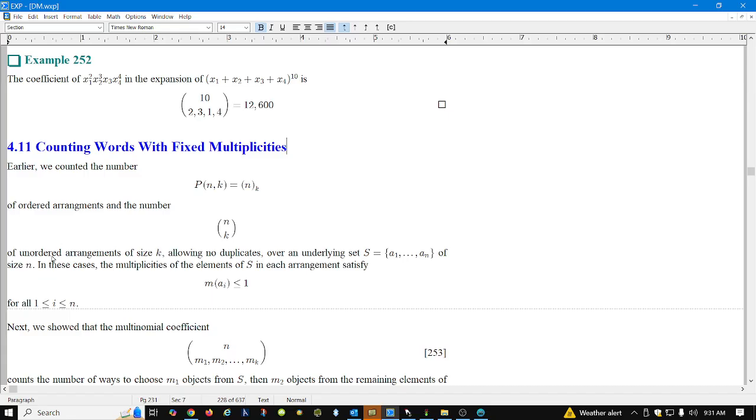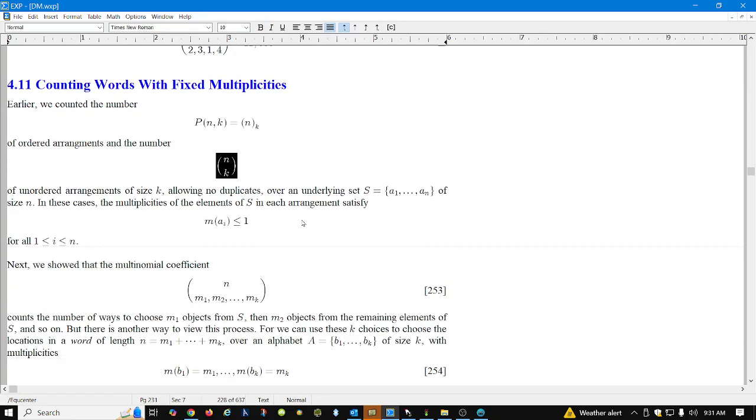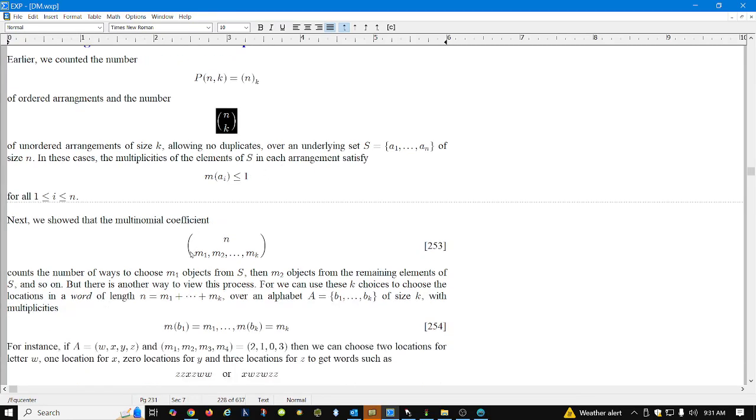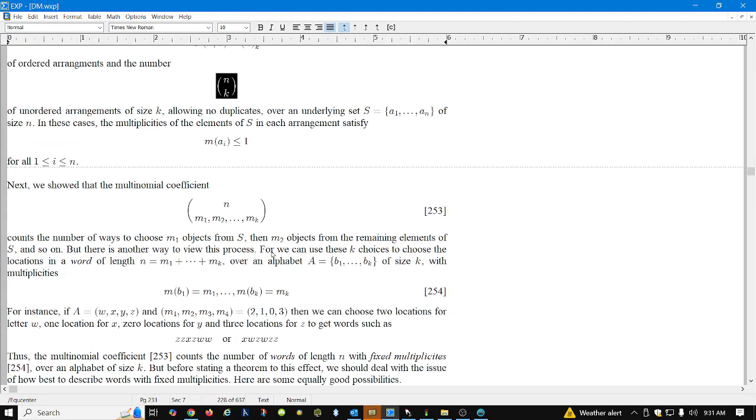We've counted the number of unordered arrangements, n choose k. So how does the multinomial coefficient fit into this pattern? Well, we have shown that the multinomial coefficient counts the number of ways to choose m1 objects from S, then m2 objects from what's left in S, and so on.